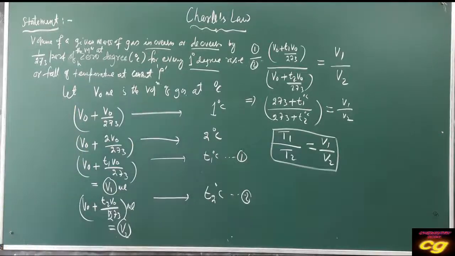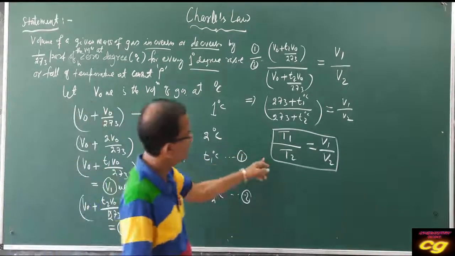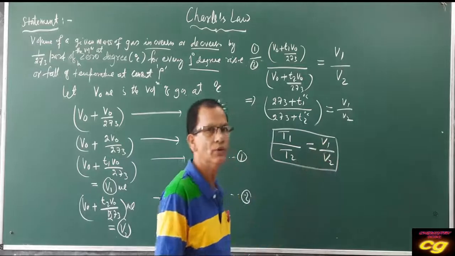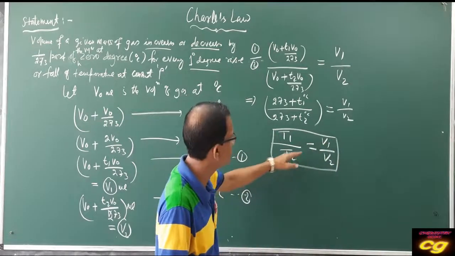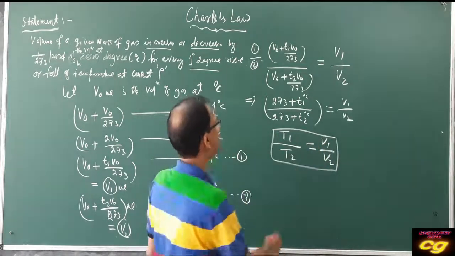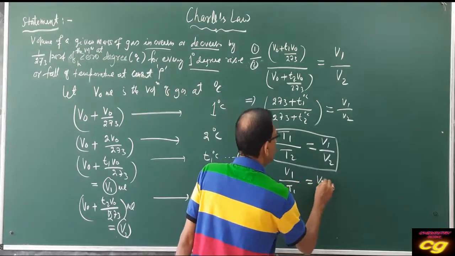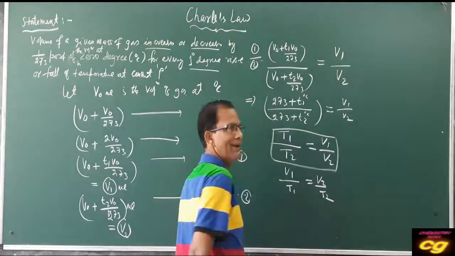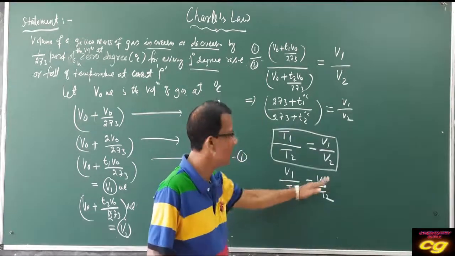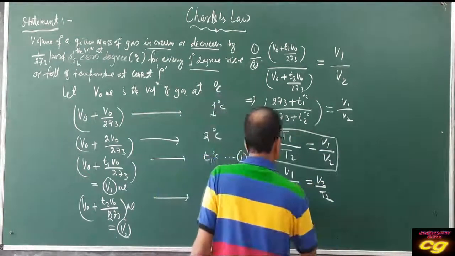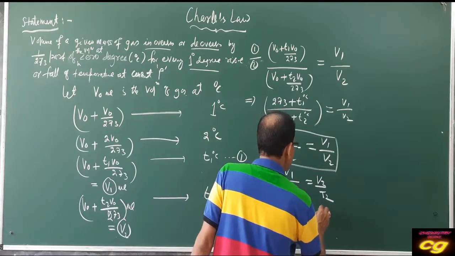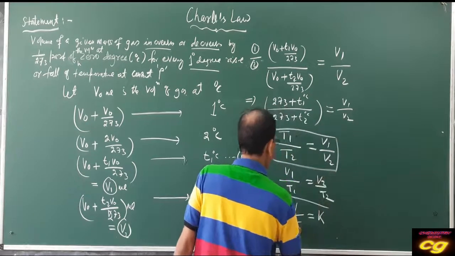Pressure must be taken constant. So T1 by T2 is equal to V1 by V2, and if you arrange this, V1 by T1 is equal to V2 by T2. That means V by T is a constant. What does it mean? V by T is a constant, that is K.